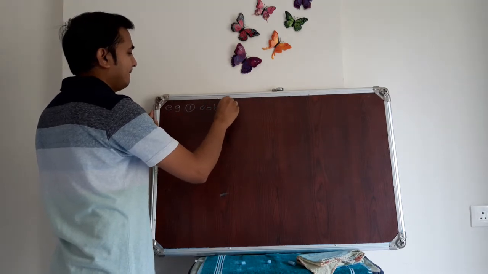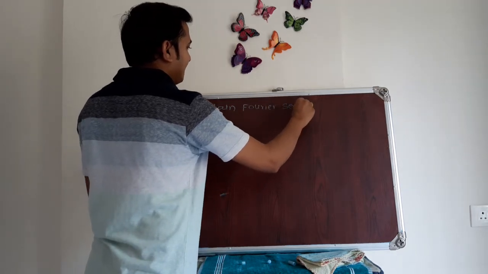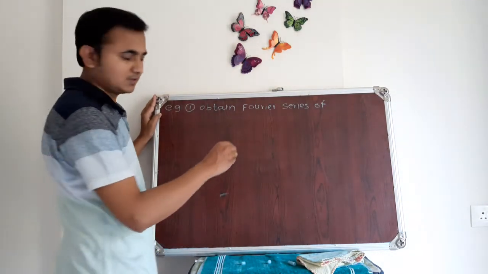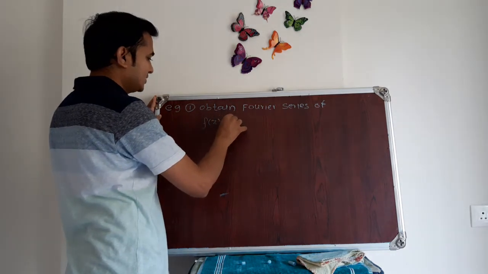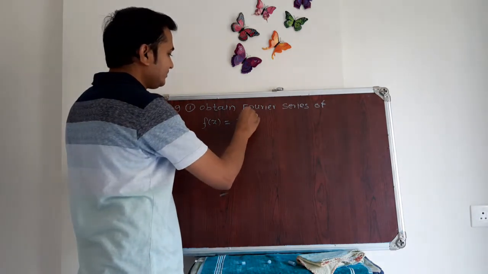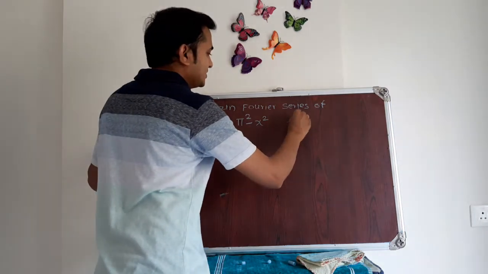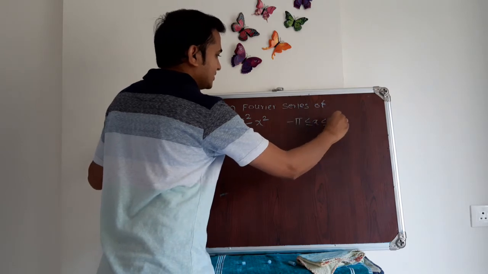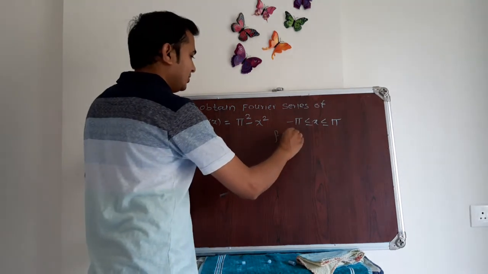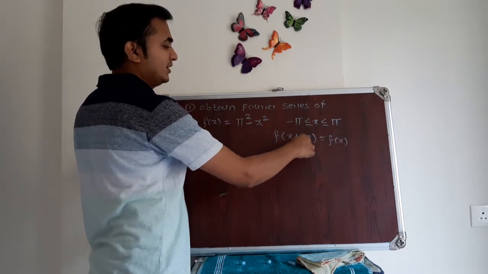Obtain the Fourier series of f of x is equal to pi square minus x square for minus pi less than or equal to x less than or equal to pi, and what is given, f of x plus 2 pi is f of x, that means 2 pi is the period.